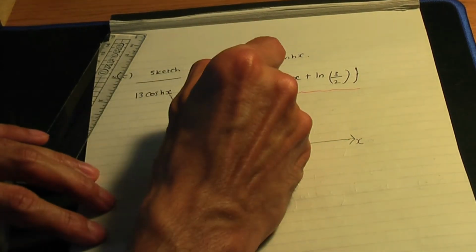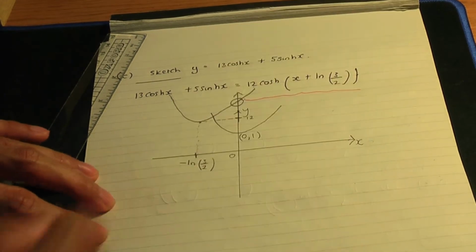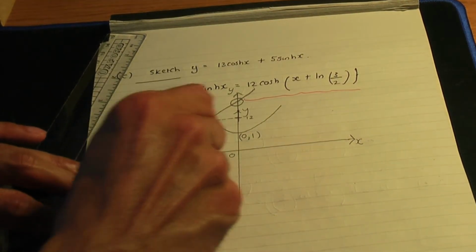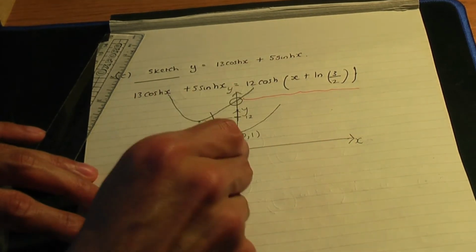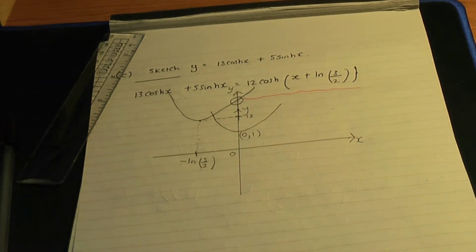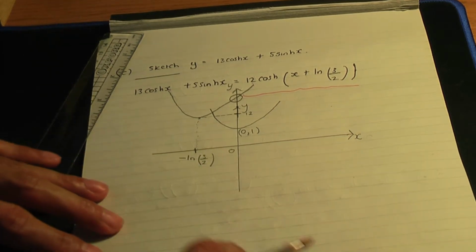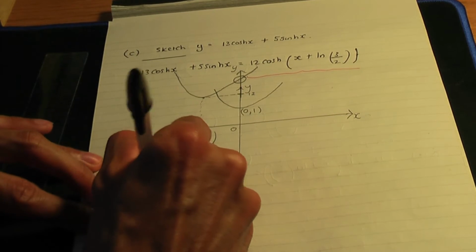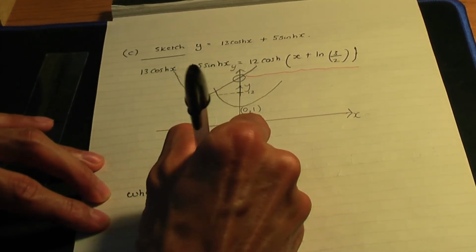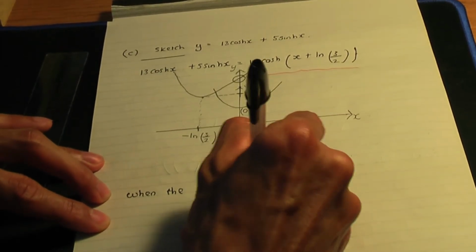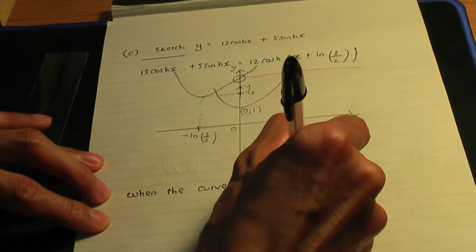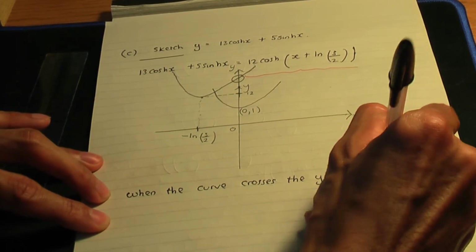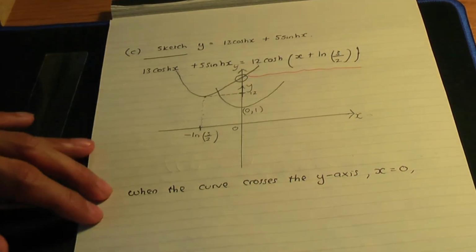But also, if you want to work out the point where it crosses the y-axis, remember, when the curve crosses the y-axis, the x value is 0. So let's work that out also. When the curve crosses the y-axis, the x coordinate is 0.